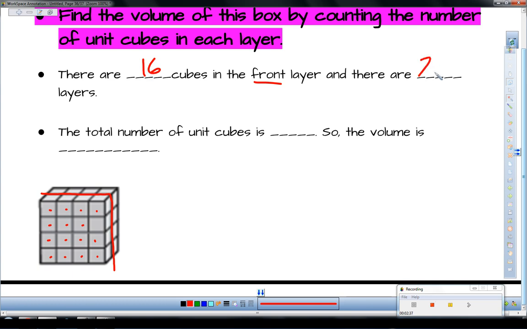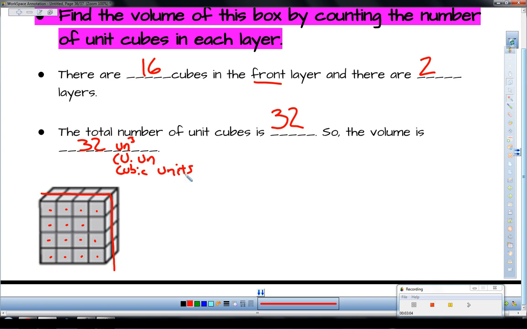And because there's a back, there are 2 layers. And so there are a total of 32 cubes, 16 in the front, 16 in the back. And so the volume is 32 cubic units, however you choose to write that.